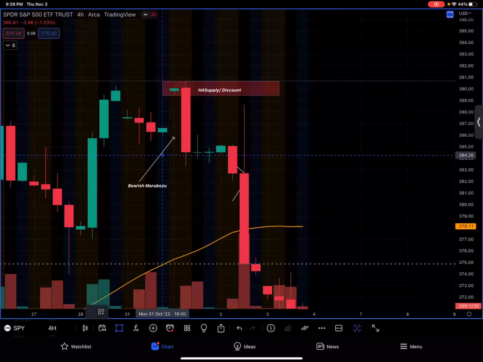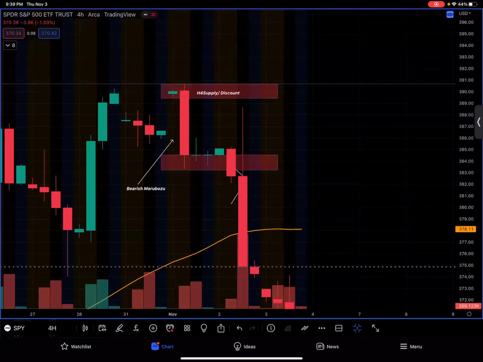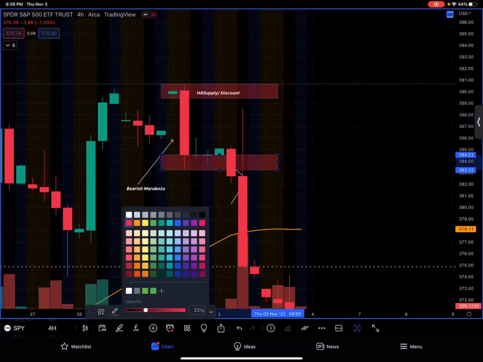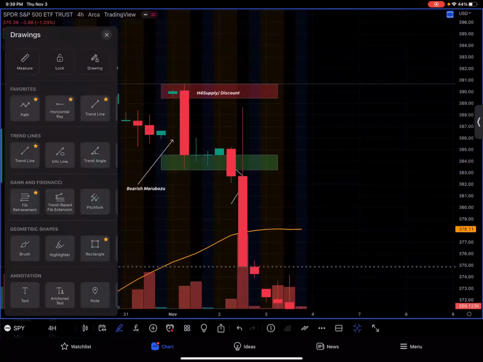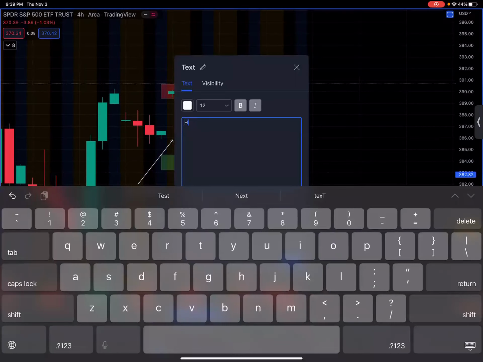Now this lower wick on the 4 hour is our demand zone. I'm going to call this H4 demand. Premium.